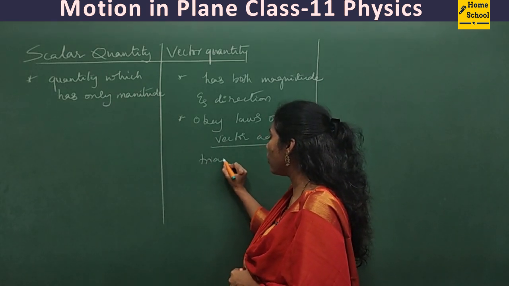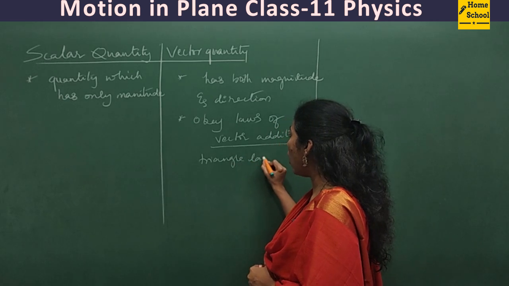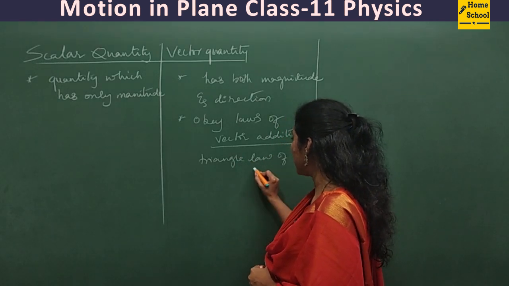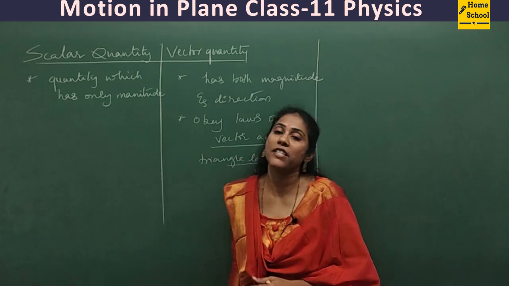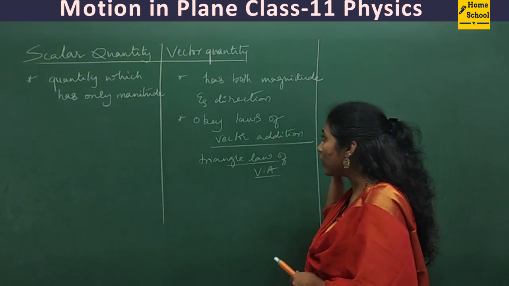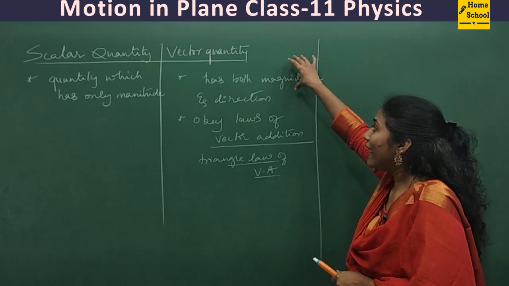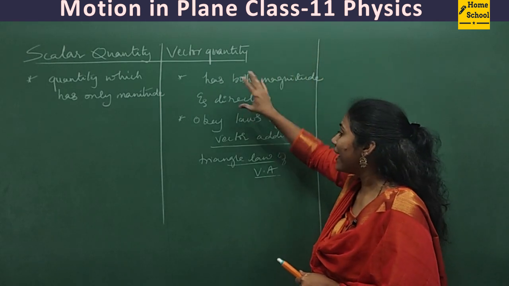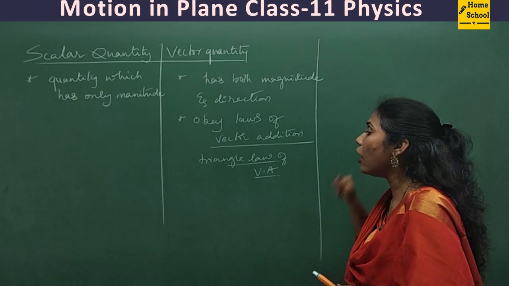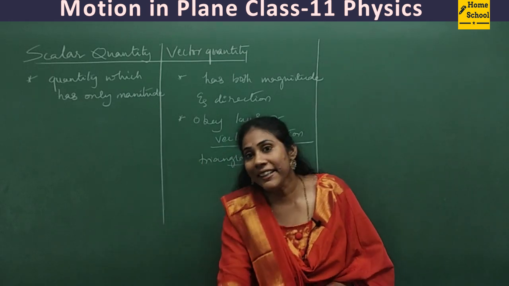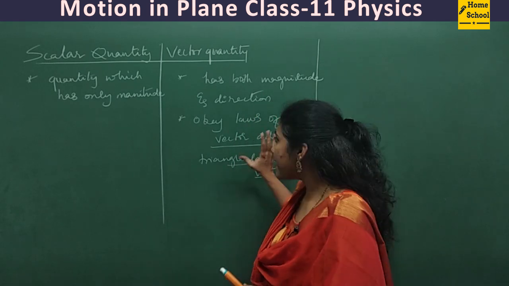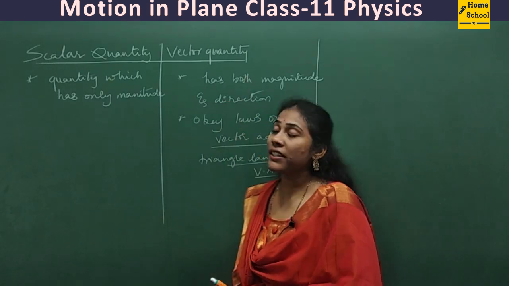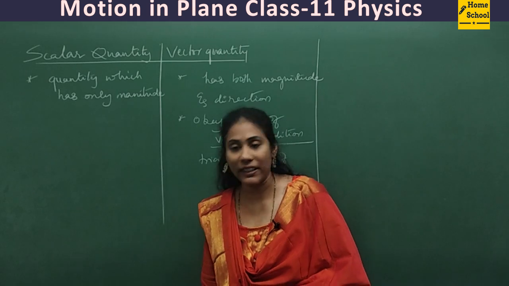So that particular law has to be obeyed by a physical quantity. When a quantity has magnitude, direction, and can obey triangle law of vector addition, then it is called a vector quantity. So this is the important definition that you need to remember about vectors.